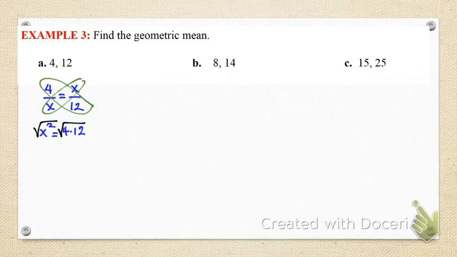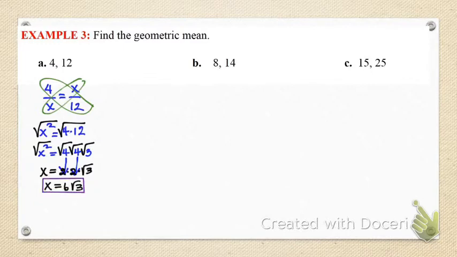These are easiest to simplify if you don't multiply out 4 times 12. Instead, break 4 times 12 into its smallest pieces, like 4 times 4 times 3, and then take the square root. What's great about this is that you can turn the square root of 4 into 2, and this square root of 4 into 2, right? And so you get x equals 2 times 2 root 3, and you get x equals 6 root 3.